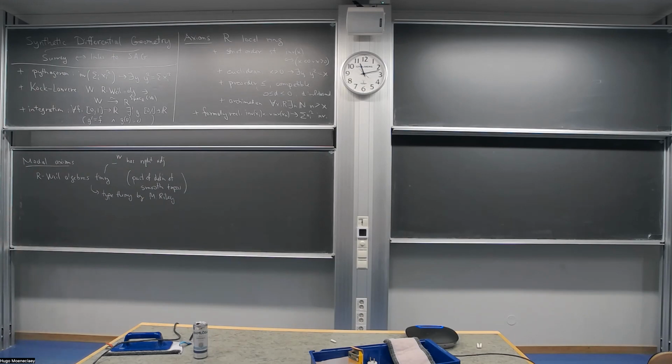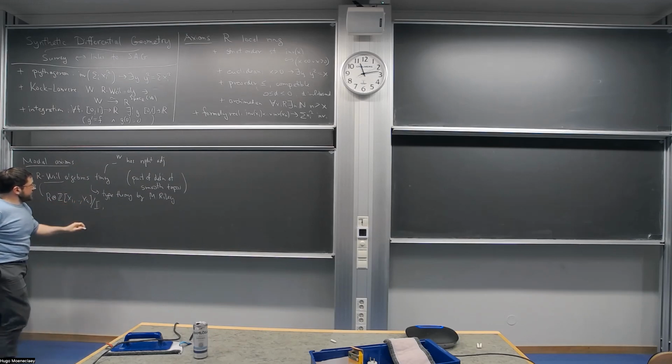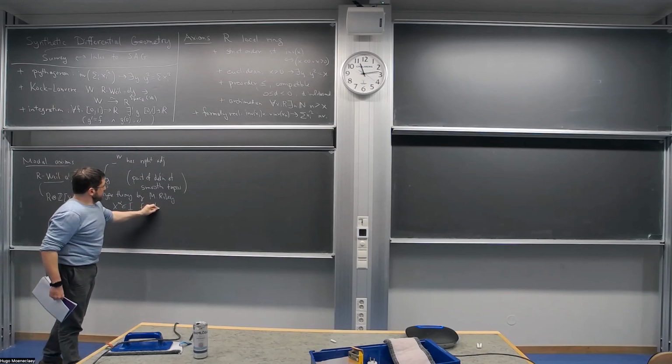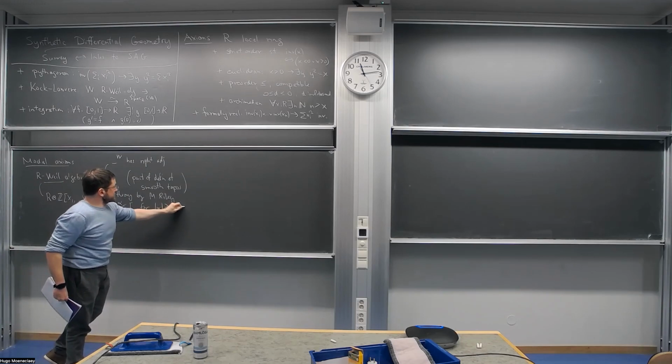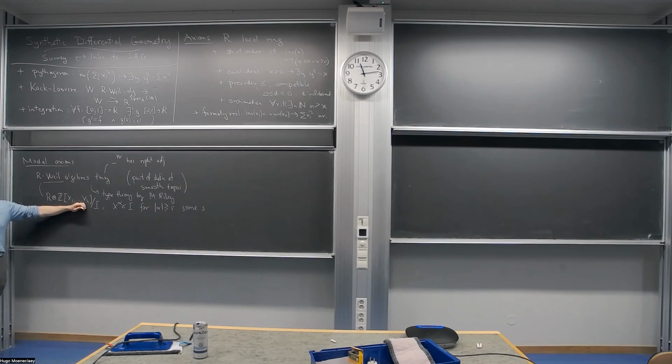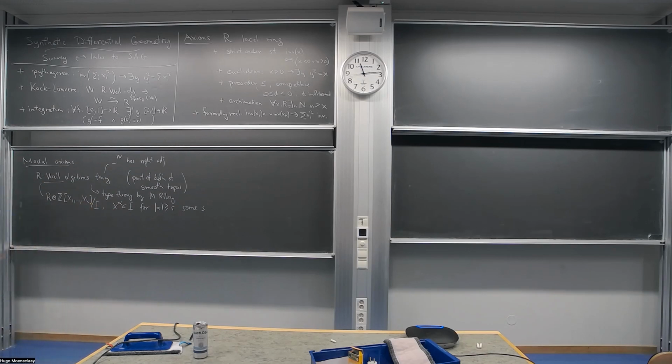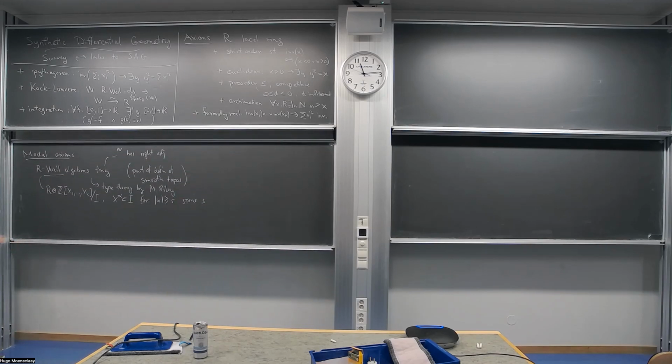Yes. A Weil algebra is something of the form R tensor I, where the ideal has the property that x to the alpha is in I for multi-index size bigger than some S. So you have some number of generators, you have some integer S, and any product of more than S of the generators is 0, is in the ideal. For example, the dual numbers.